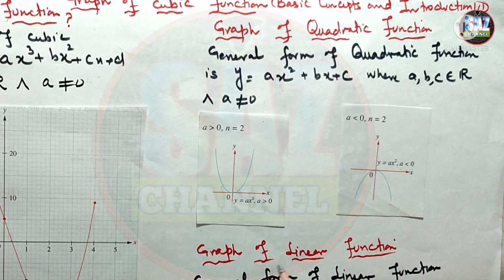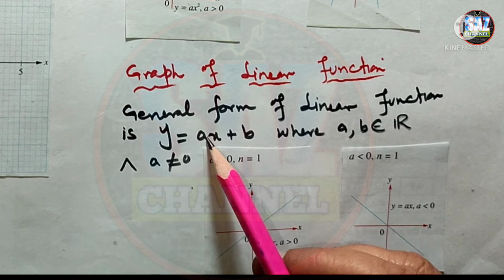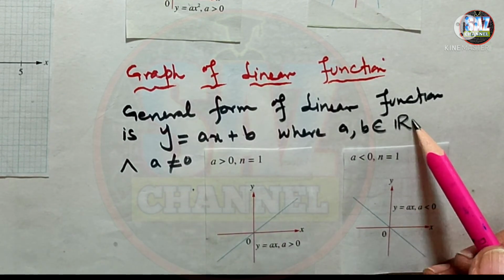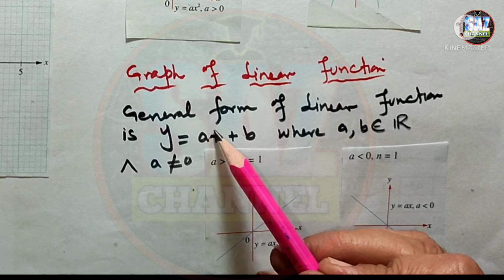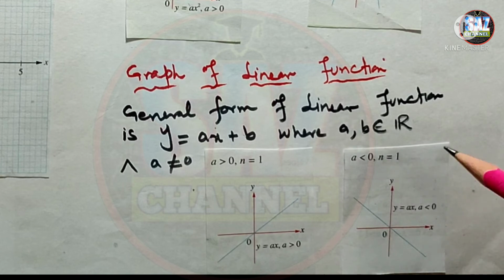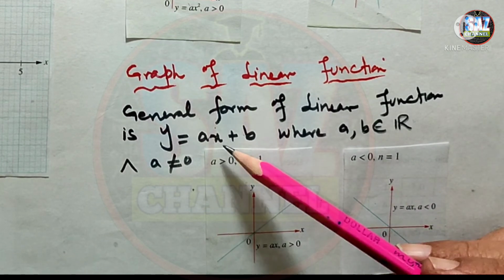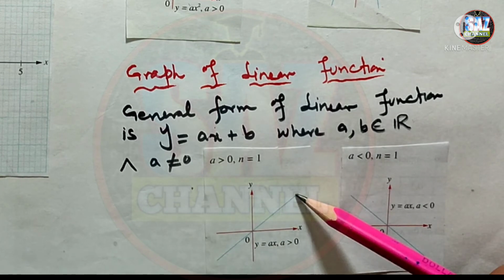Coming to the linear graphs, the general form of the linear function is y equals ax plus b, where a and b are real numbers, and again a, which is the coefficient of the term having power 1, should not be equal to 0. The graph of the y equals mx plus c form will be a straight line.